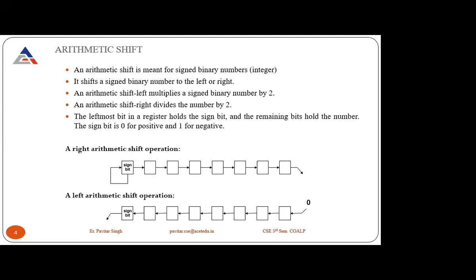For example, I have written -10 or +10. So this is your signed number, right? Whenever you place a sign before your number, it is your signed number, right? And an arithmetic shift is meant for signed binary numbers.